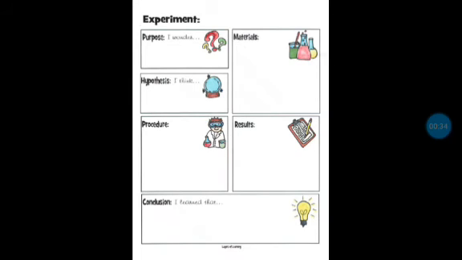You have to use some materials, so the materials must be listed in your experimental procedure. And what is the hypothesis you are going to test should also be included in your experimental report.